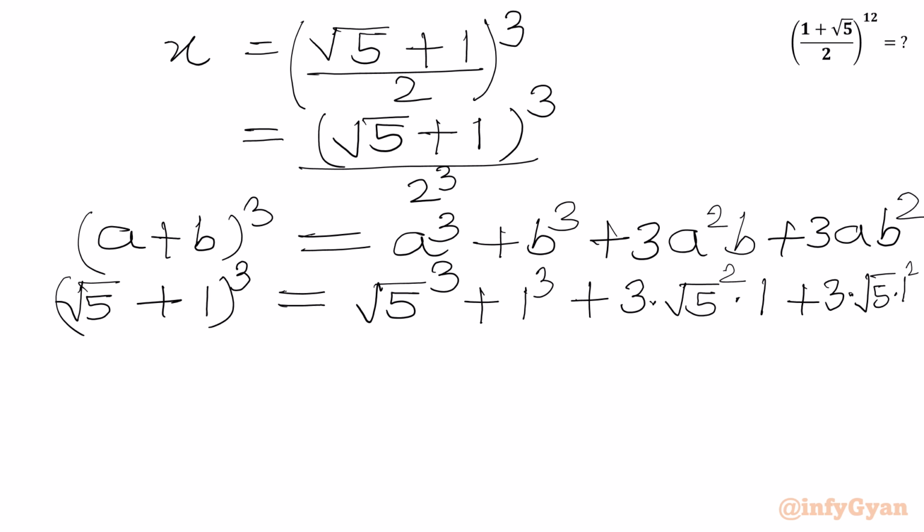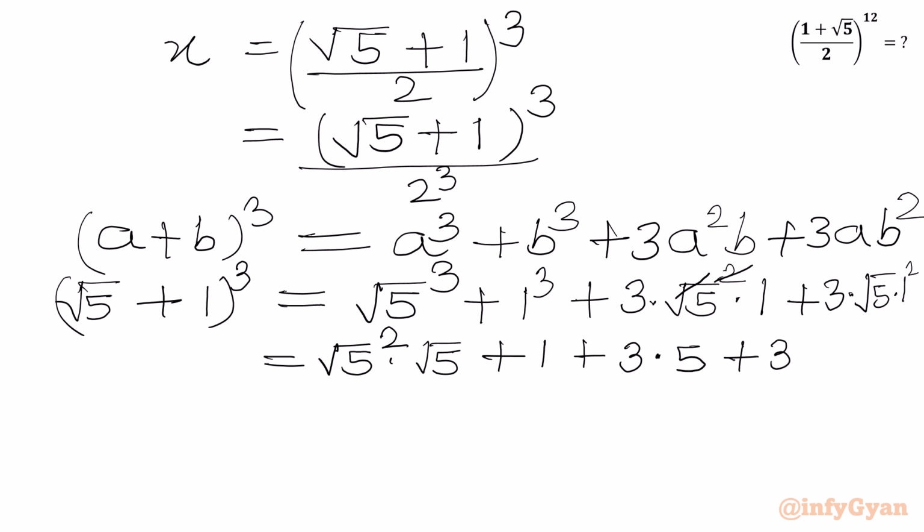Now we can write (√5)^3 as (√5)^2 times √5. Then we can write 1^3, this is equal to 1, plus 3 times (√5)^2, which will be 3 times 5 only, plus 3 times √5. Now (√5)^2 will be 5 over here also.